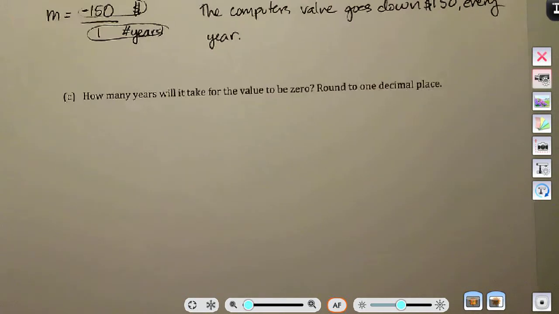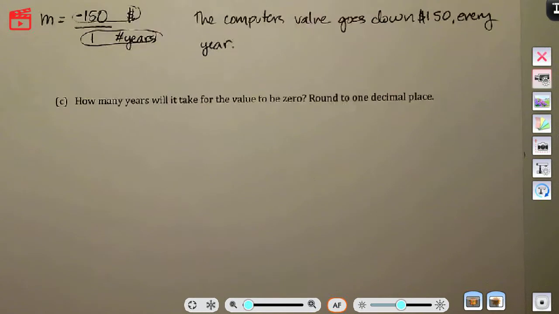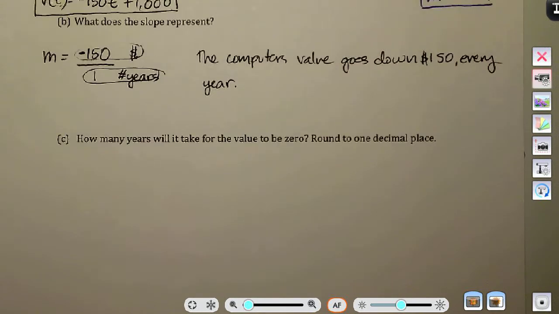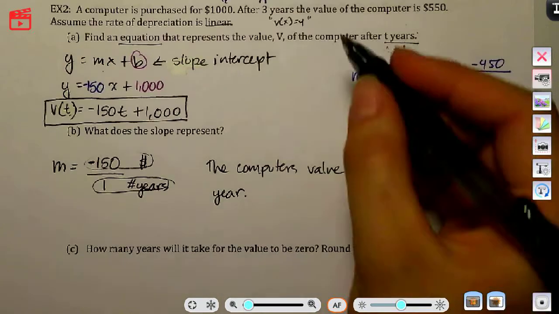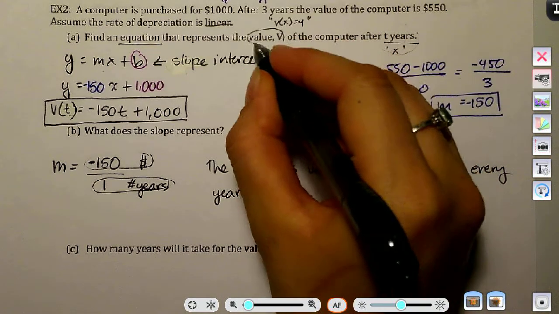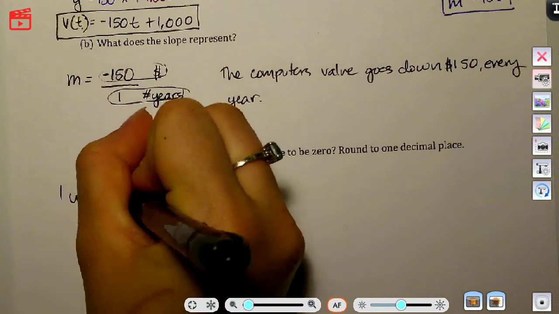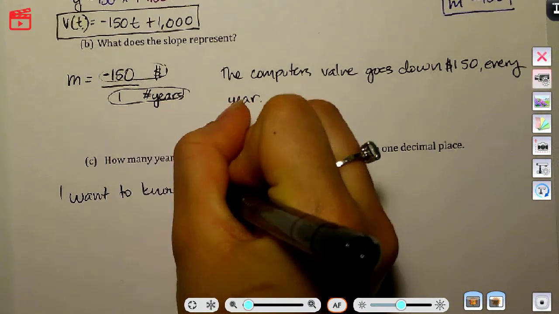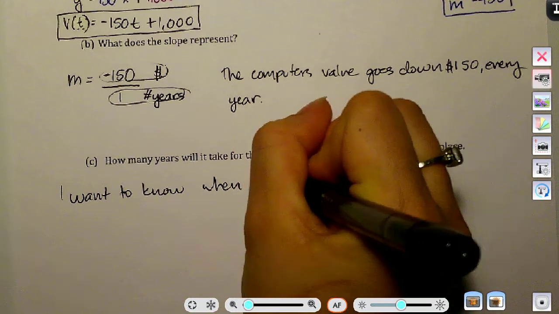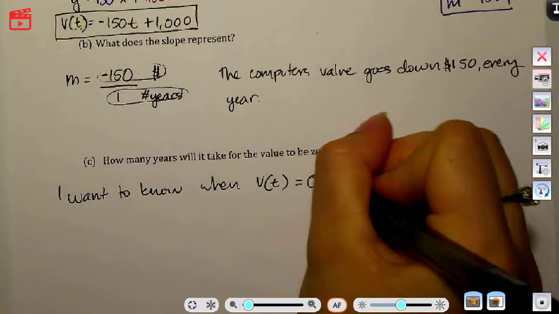All right, last part. How many years will it take for the value to be 0? Well, what is the value? The value was v of x, right? So I want to know when my value, or v of t, sorry, is 0.